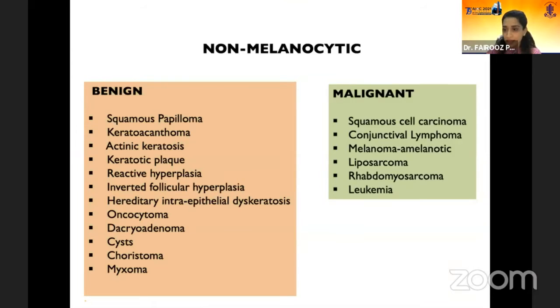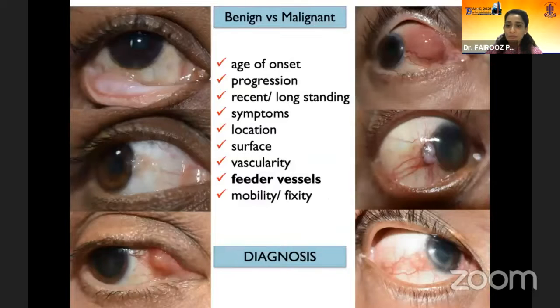So the objective of today's presentation is clinical diagnosis and differentiating features. Non-melanocytic tumors are classified as benign and malignant. I will try to cover as much as possible of the spectrum of tumors in the limited time, case series based. Most important is to differentiate benign from malignant tumors, and from infective and inflammatory lesions.